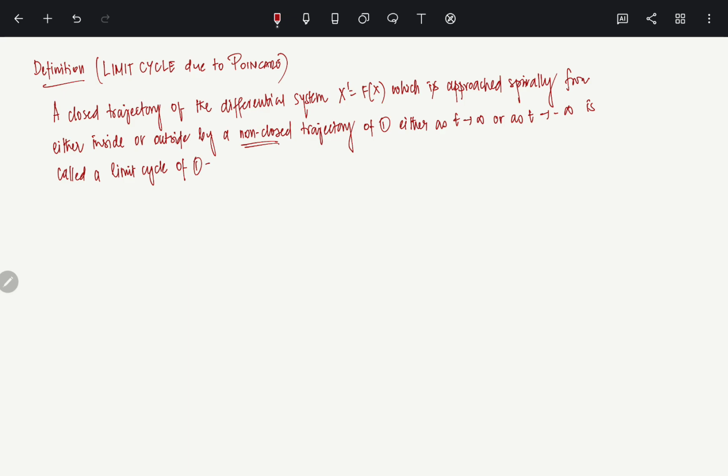And the closed trajectory which is approached is called a limit cycle. Please don't get confused with the non-closed trajectory. The closed trajectory which is being approached is called the limit cycle of 1.